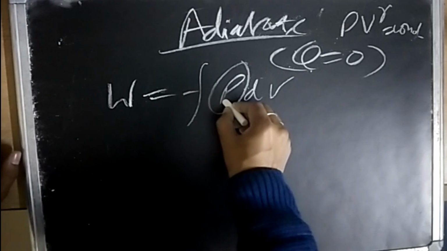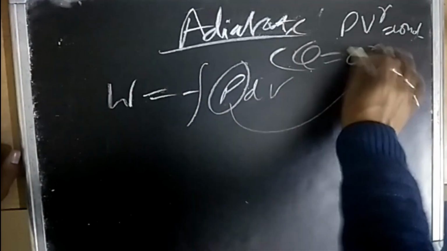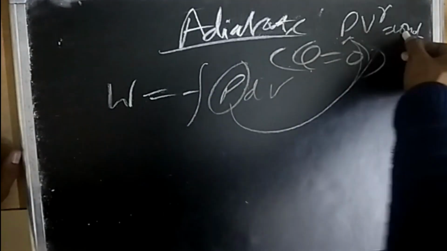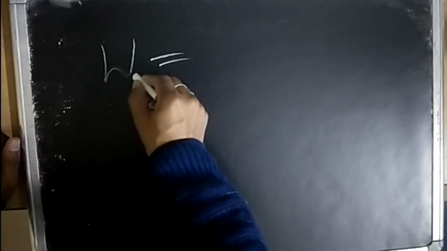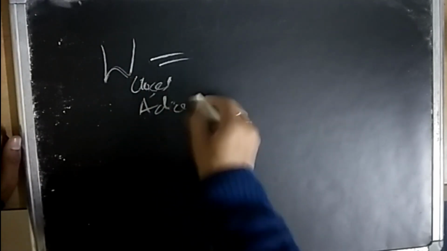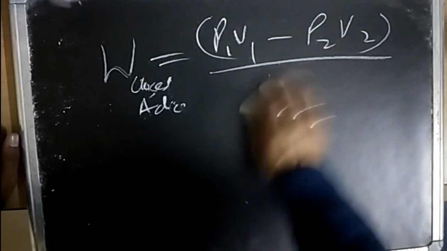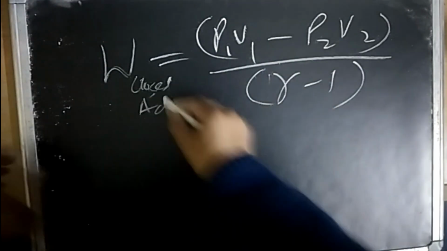Instead of P, put constant by V raised to power gamma, and solving all this, we finally get that the work for a closed system, adiabatic, is equal to P1 V1 minus P2 V2, divided by gamma minus 1, for closed.